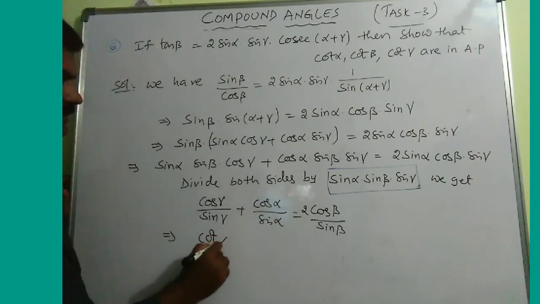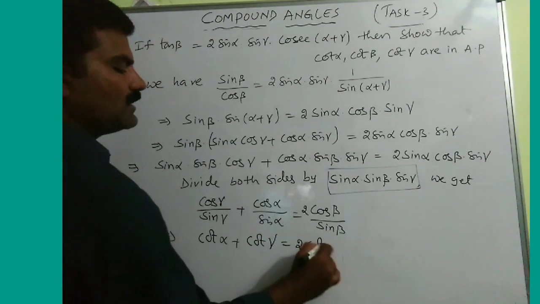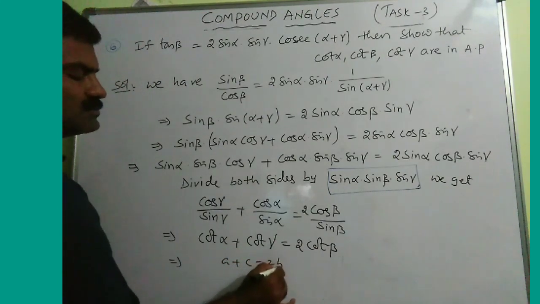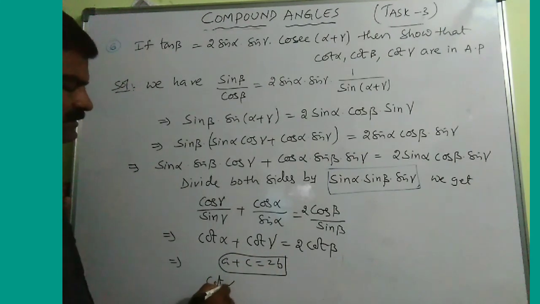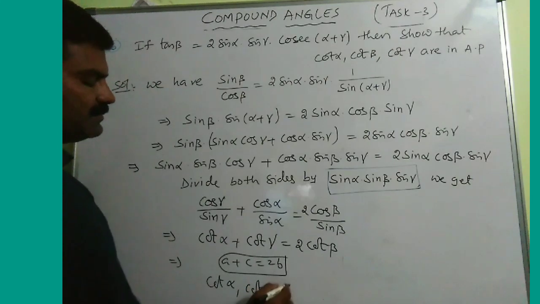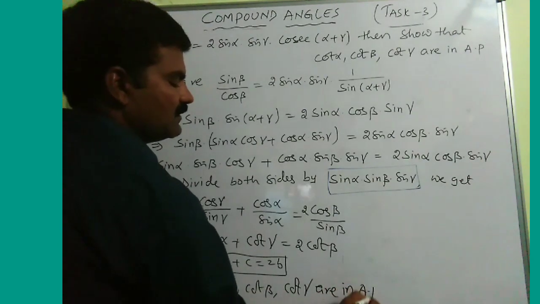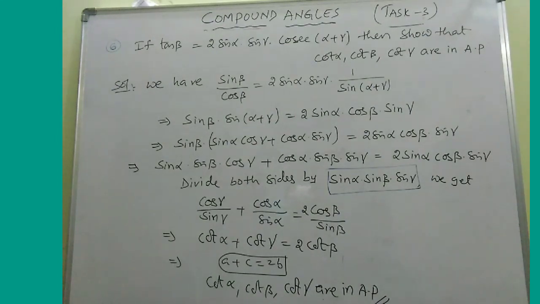First let me write cot alpha plus cot gamma, which is equal to 2 cot beta. You know, the meaning is this is just like a plus c is equal to 2b. We discussed yesterday. That is what I can say: a, b, c are in AP. That is, cot alpha, cot beta, cot gamma are in arithmetic progression.